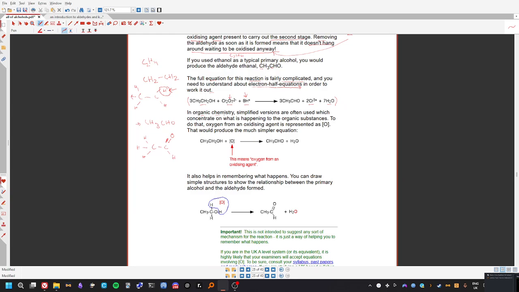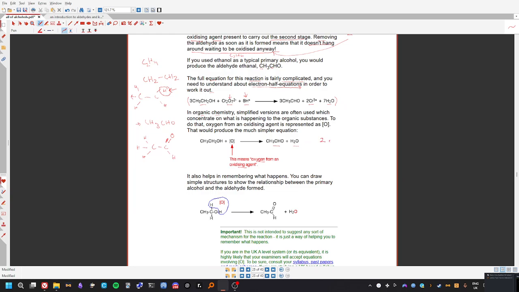We can do that as we know that O is the oxidant from the oxidizing agent, and we know that it reacts with the H to form H2O. So we know that O is the oxidizing agent because it oxidizes hydrogen, and as a result, we're going to form this and this.